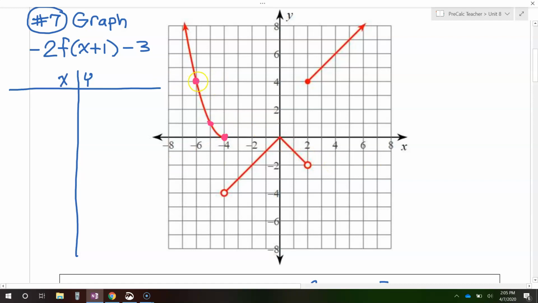So the first point is -6, 4. So I'm going to have -6, 4. And then the next point is -5, 1. And then finally we have -4, 0.